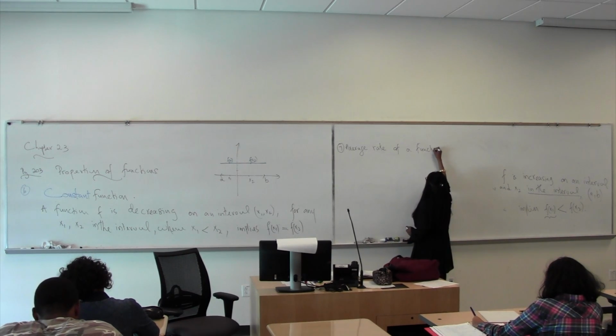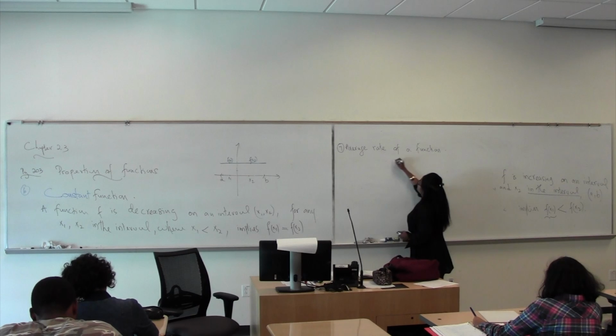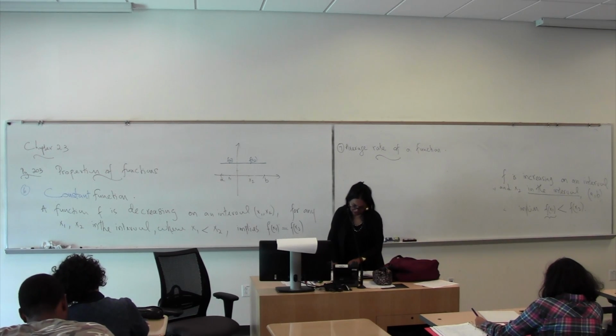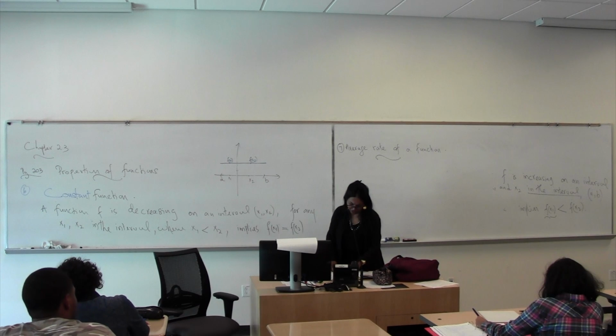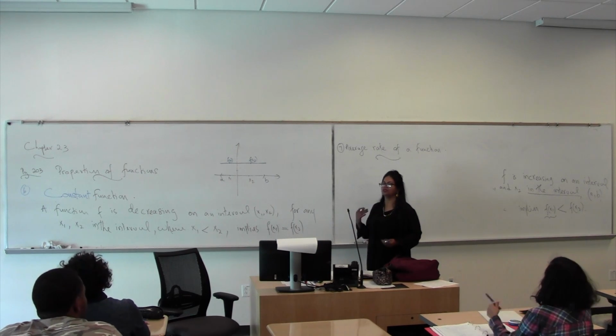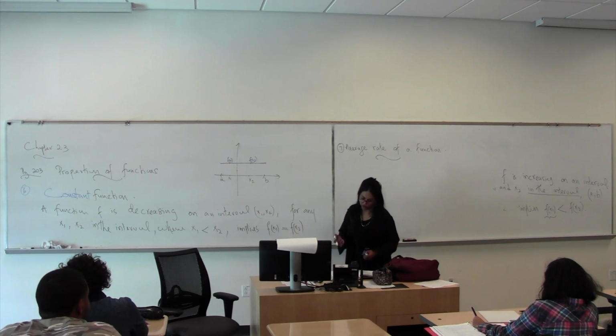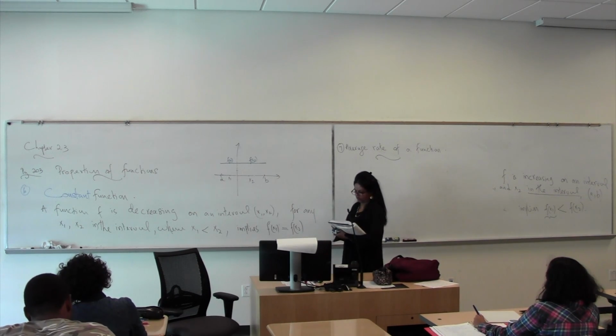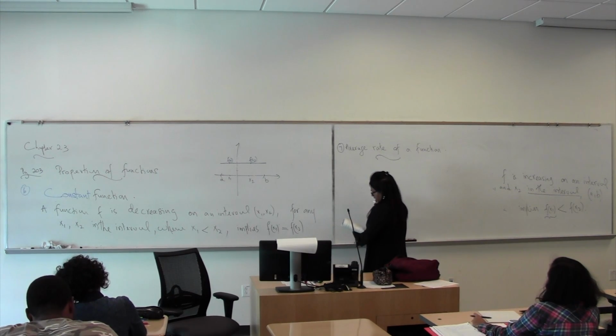I'll do examples after this, okay? After I go through all the properties. Average rate of change of a function is given by, this is more like again the slope of a function.